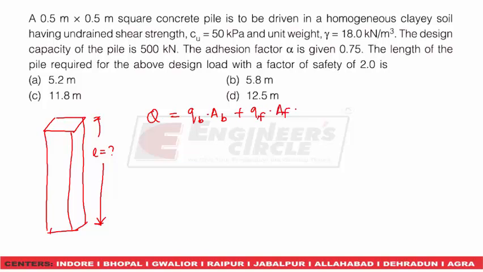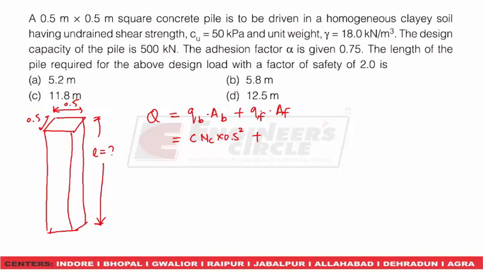This is the contribution from bearing and this is from friction. Now Qb is equal to C into Nc and Ab will be equal to area, and this is given to us 0.5 and this is also 0.5. So this will be equal to 0.5 square plus Qf.